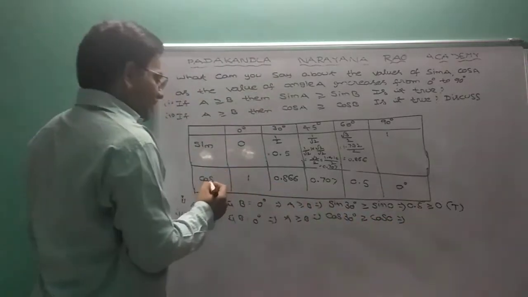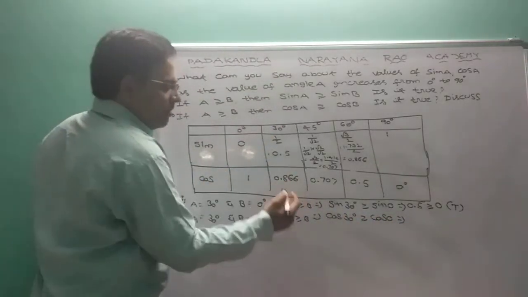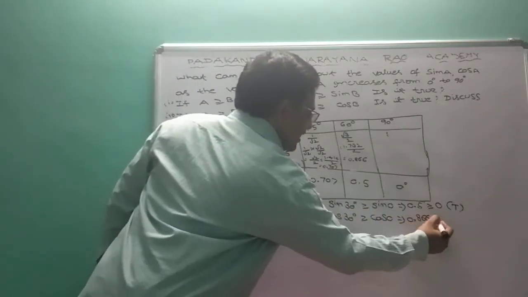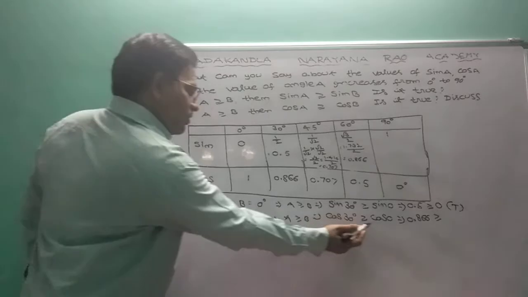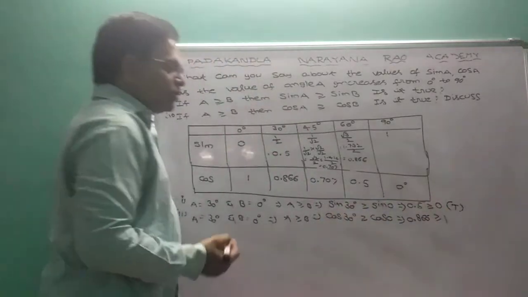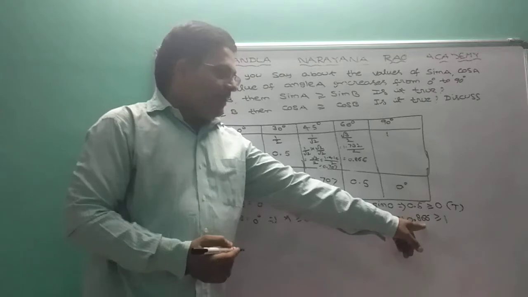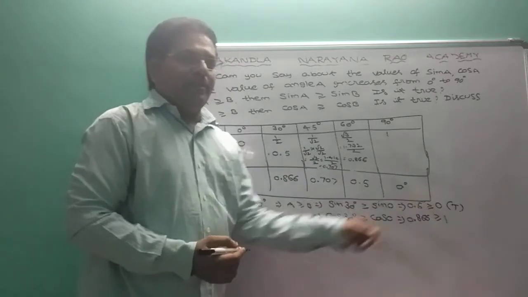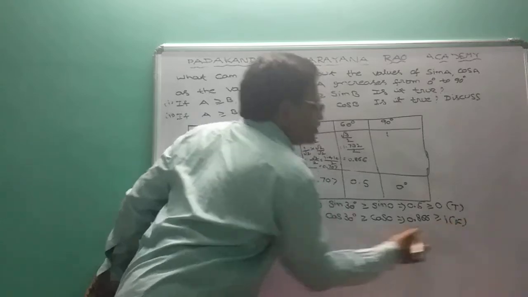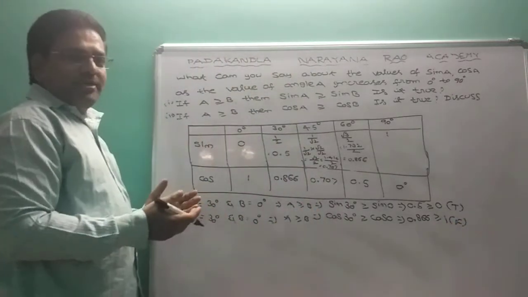Cos 30 is 0.866, greater than or equal to cos 0. Cos 0 is 1. In this case, 0.866 greater than or equal to 1, is it true or false? False.